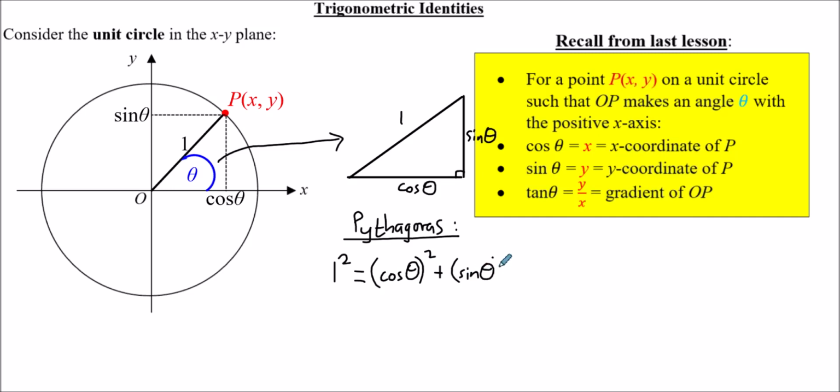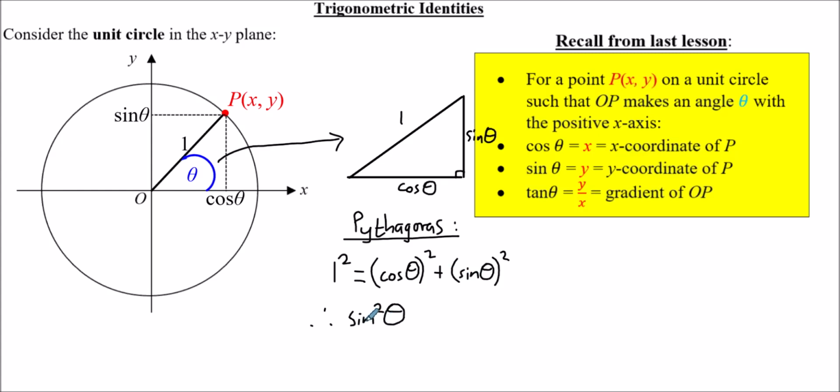Now in terms of squaring or raising trig functions to any power, there's a way of doing this so that this squared doesn't get confused with the angle in question. What we do is we put the squared next to the trig function. So 1 squared we just say is 1, but we rewrite cosθ all squared and sinθ all squared with the squared next to the function, like so.